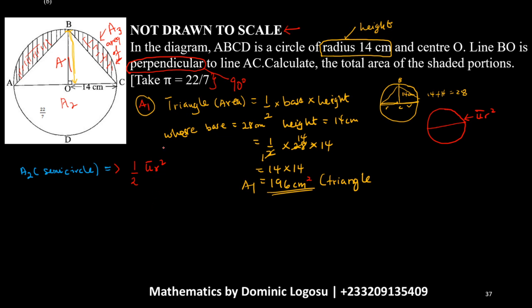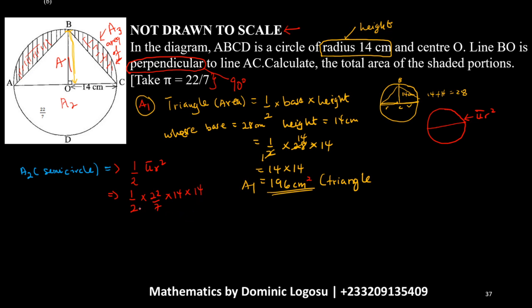So basically, we have pi to be 22/7. We know our radius to be 14 because it has been stated. So we can continue to say half, but we have to state our pi is 22/7. Our radius is r. So times what? 22/7 times what? 14 times 14.